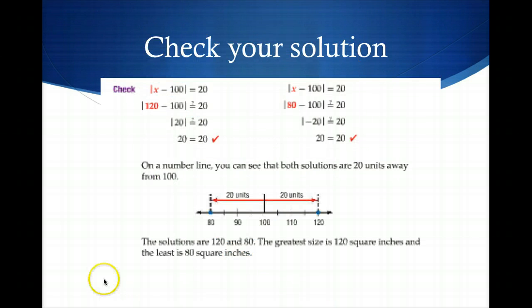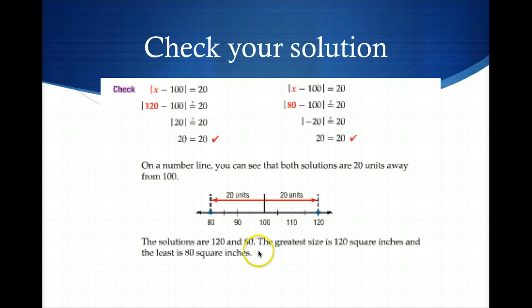Now let's check our solution. Is the absolute value of 120 minus 100 equal to 20? It is. So that is a good possible solution, 120. Is 80 minus 100, taking the absolute value of it, equal to 20? It is. On a number line, you can see that both solutions are 20 units away from 100.